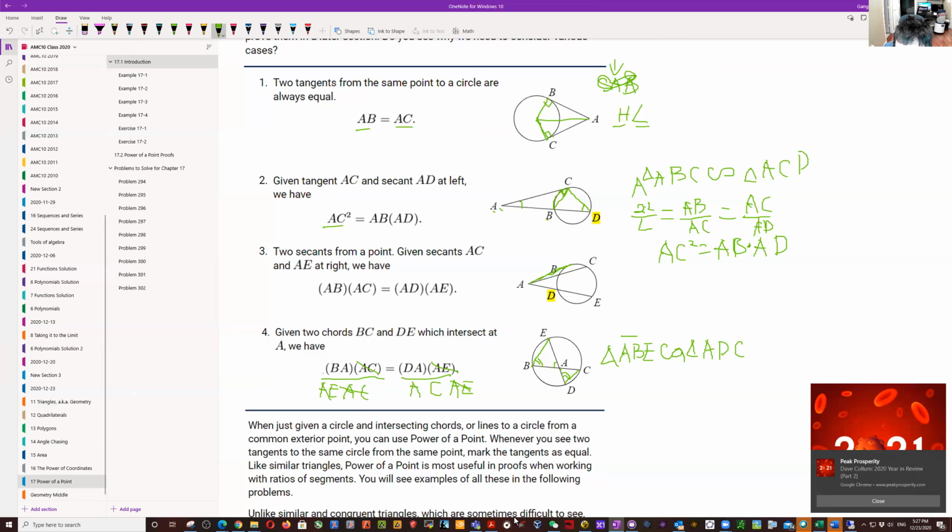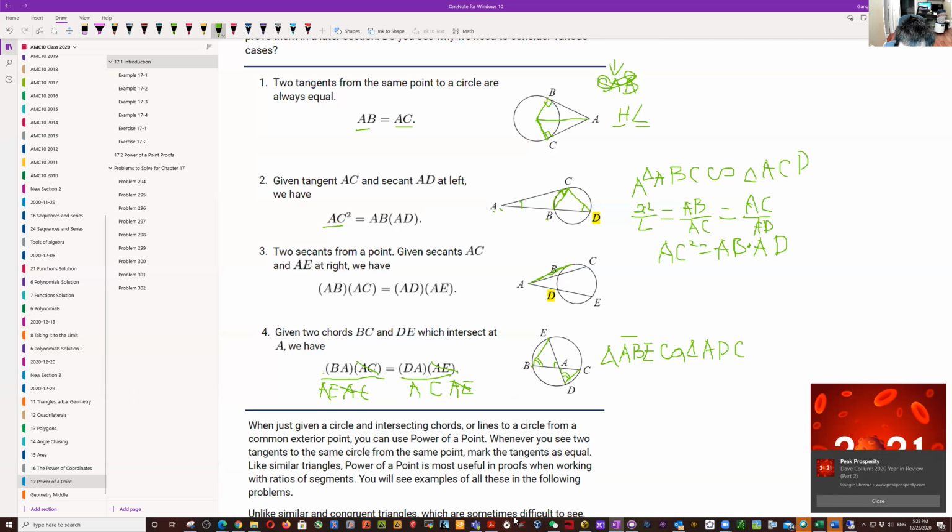BA is the side faced by the angle with no mark, and AE is the side faced by two arcs, so it is equal to DA. DA is the side faced by the angle with no mark.